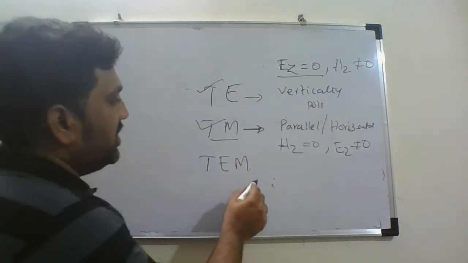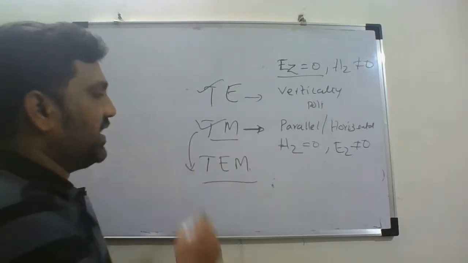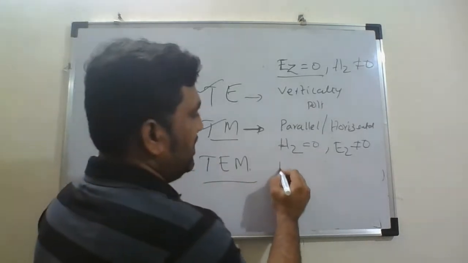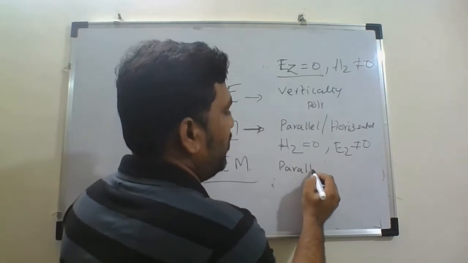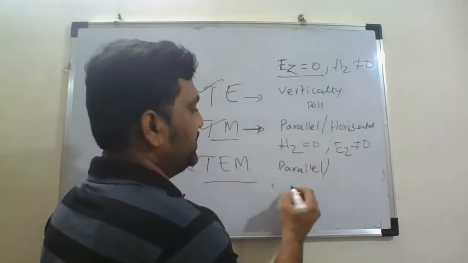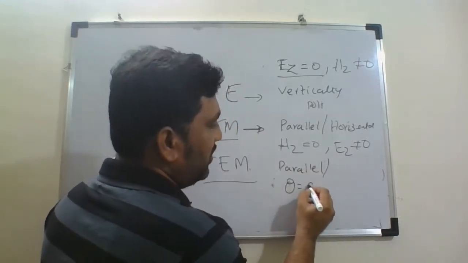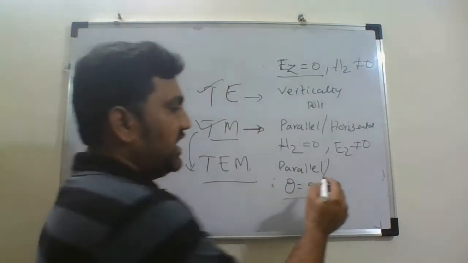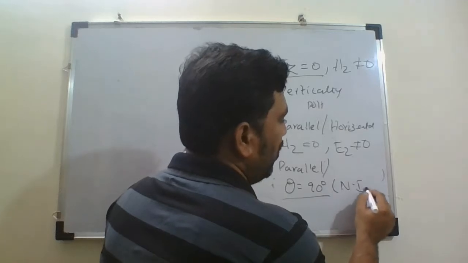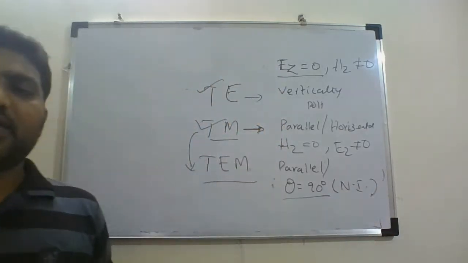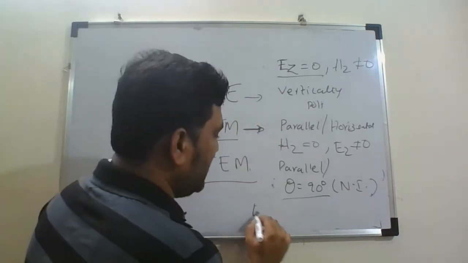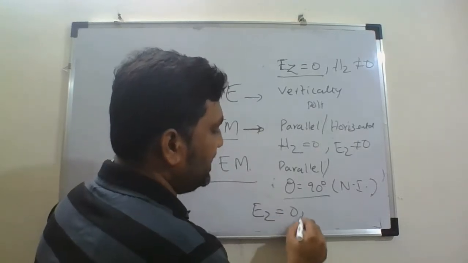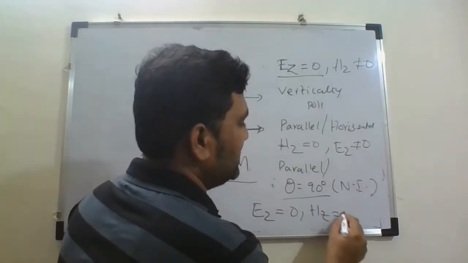Next, coming to the special case of the transverse magnetic mode: when the polarization is parallel or horizontal polarization, and the angle of launch of the wave is theta equal to 90 degrees, that is, if I launch the wave in a normal incidence manner, then the wave will have both Ez equal to 0 and Hz equal to 0.